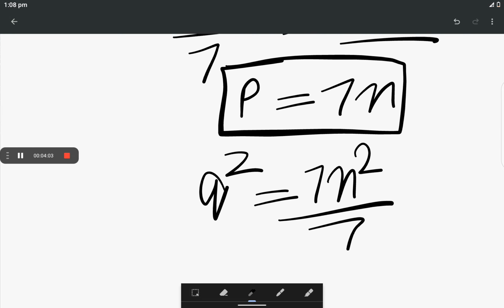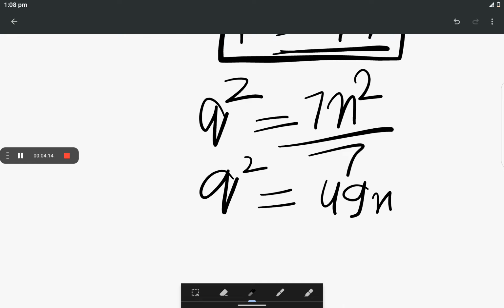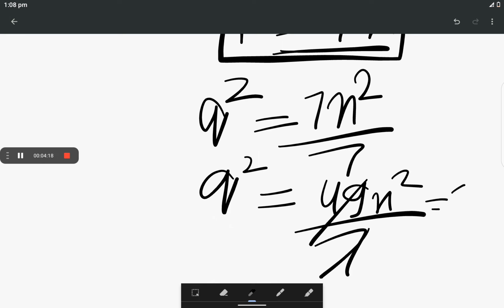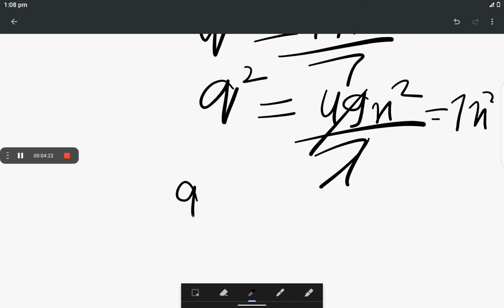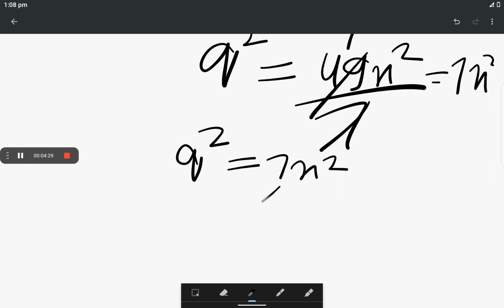We've done nothing, we have just kept the new value of p. Now we'll just simply do the square thing and we'll get 49n square upon 7. This cancels out. It would be 7n square. Now you have this. Now you can see that 7 divides q square.